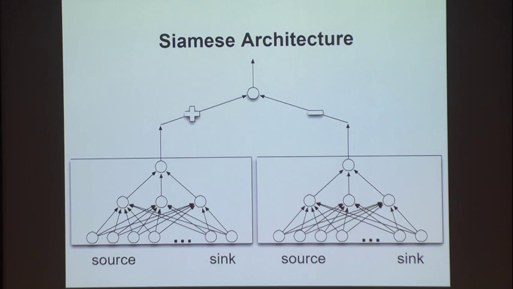And the way it's done is using what is called a Siamese network, where you have a deep network here, but these two branches at this level are identical, and we put a source-sink combination on the left, a source-sink combination on the right, and the output has to tell you whether the left combination is more favorable than the right or not. And so we train this system, and it's doing better than the previous system.